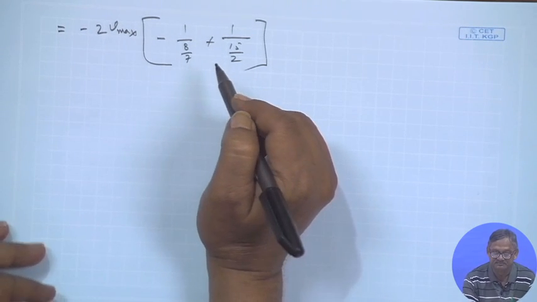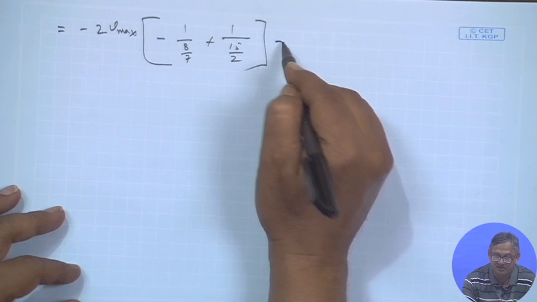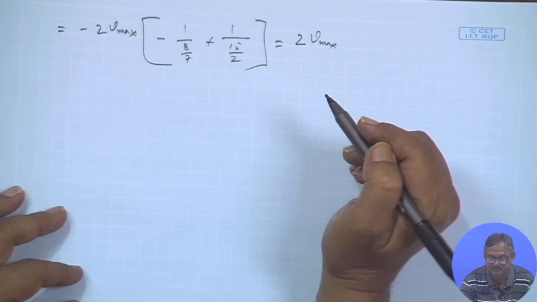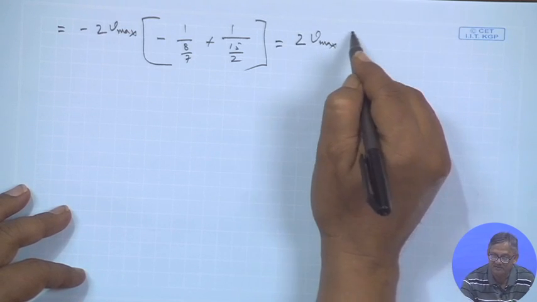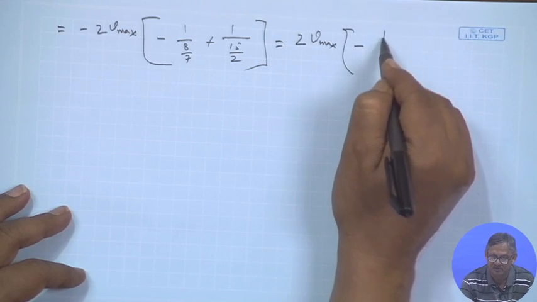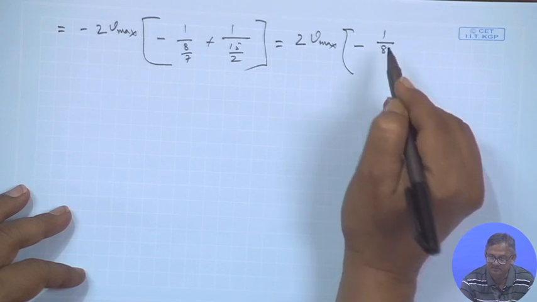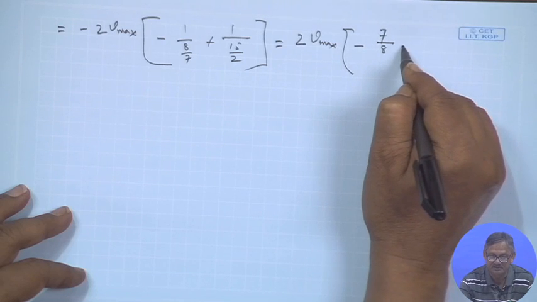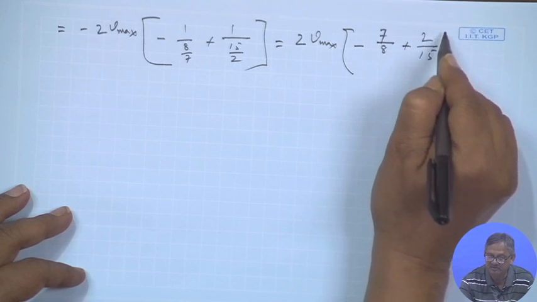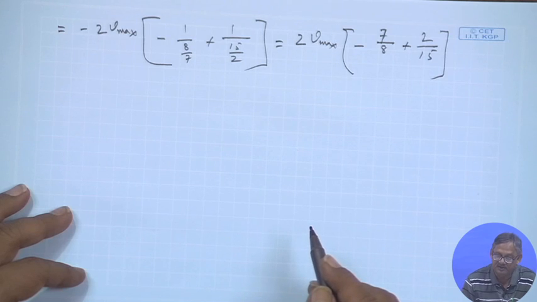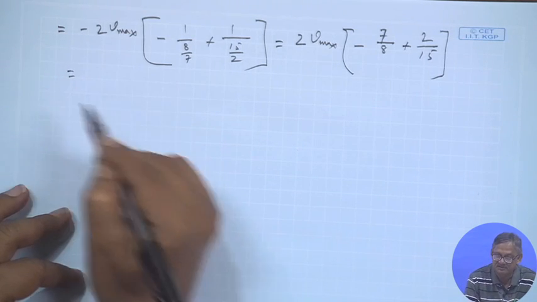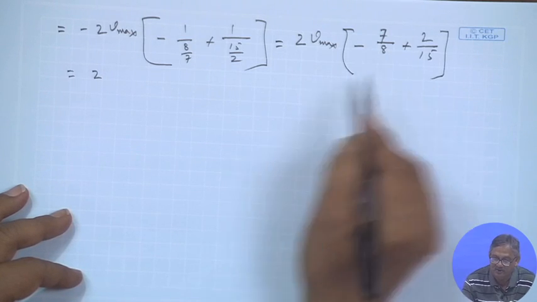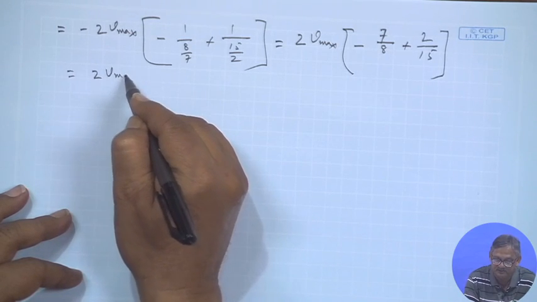So, that is what we got, and this minus and that minus made this plus. On simplification we can write V max times 1 minus 1 by 8 by 7, which we have written. So, it is 7 by 8 plus 7 by 15, and this is nothing but 2 V max.